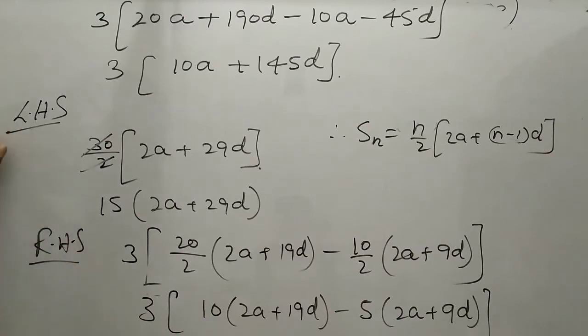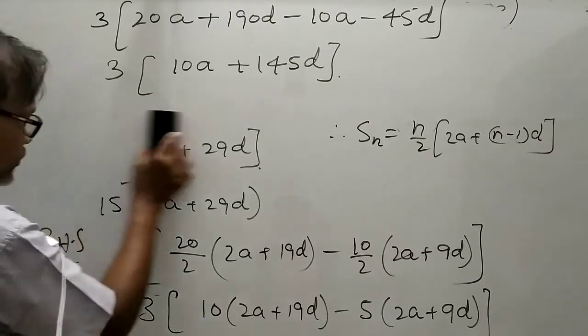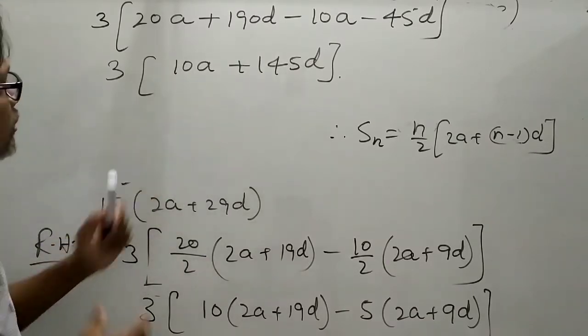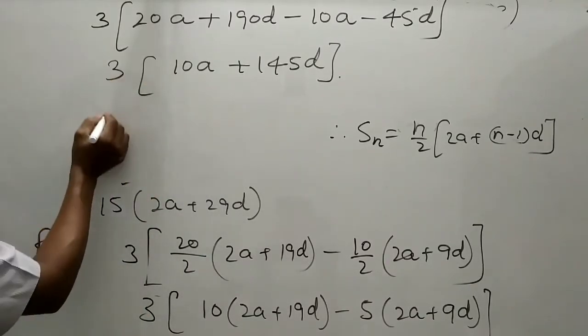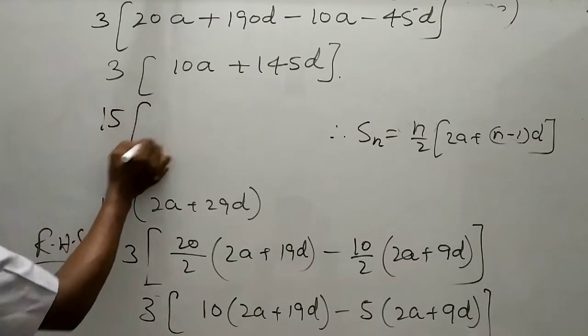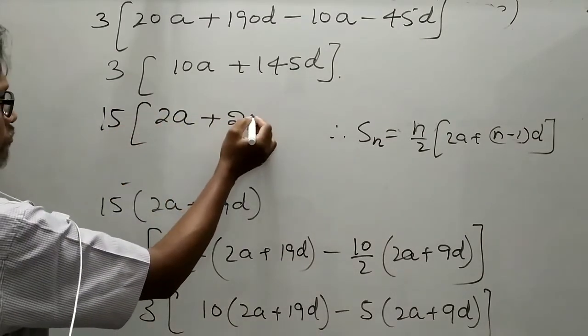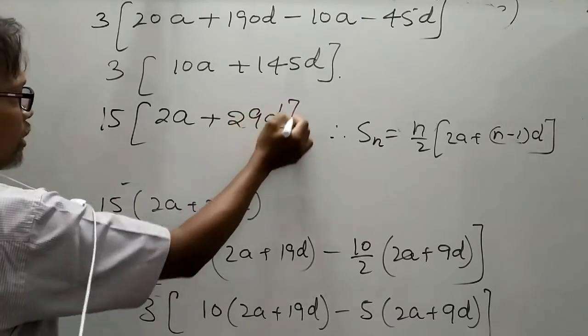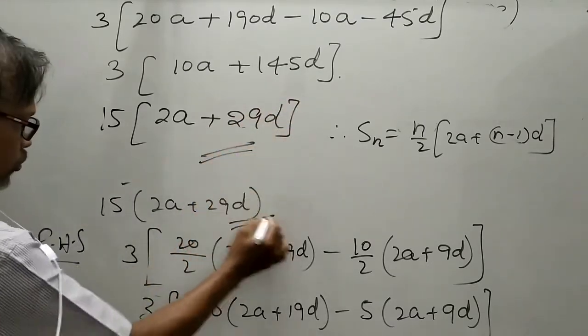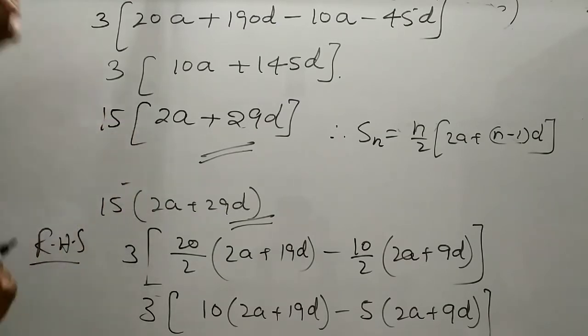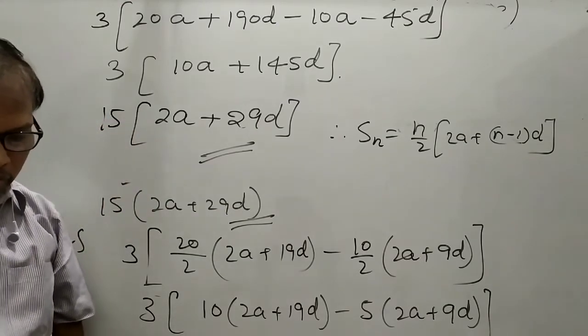You cannot say it now, but if you take 5 common from here, 5 into 3 that is 15, and 2a plus 5, 6 divided by 5 gives 2, 10, 5, 9. Now you can say these two, this was the LHS and this is the RHS, both are equal, therefore hence proved.